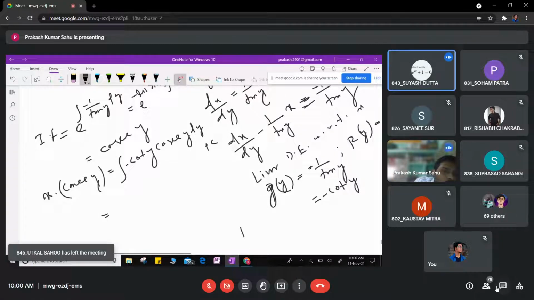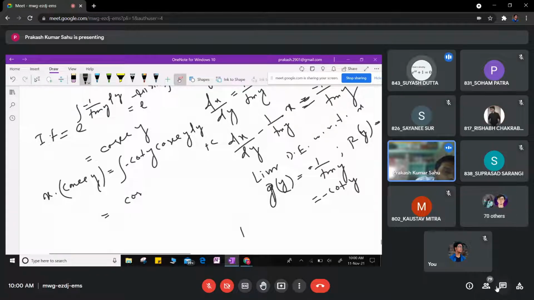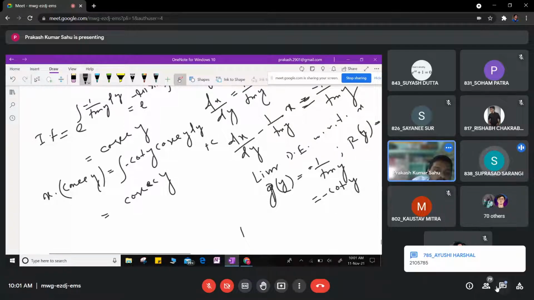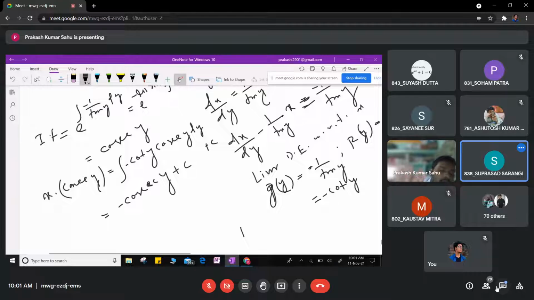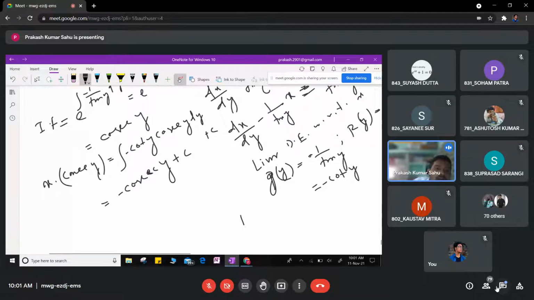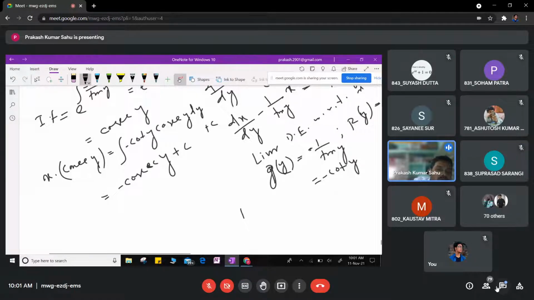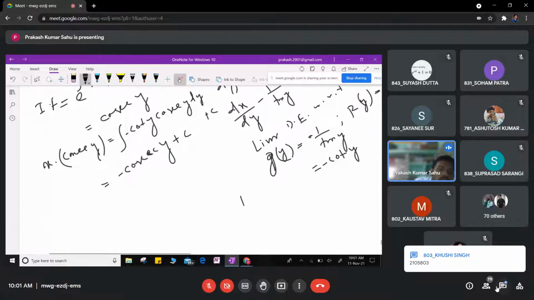It is cosec y, and the minus will remain. I don't remember the formula exactly, so check whether it is minus or plus. Okay, so now this is the solution.